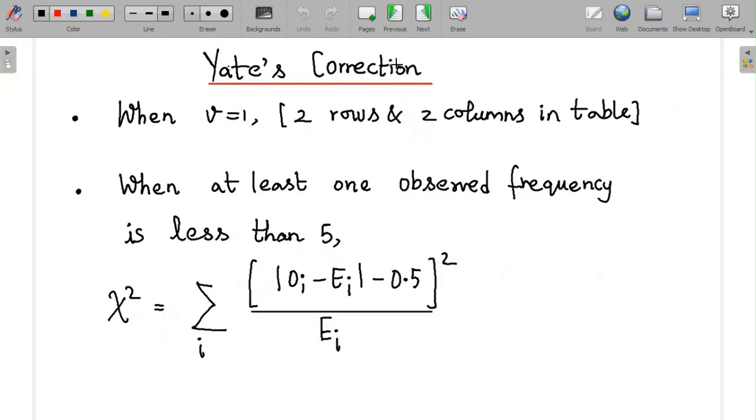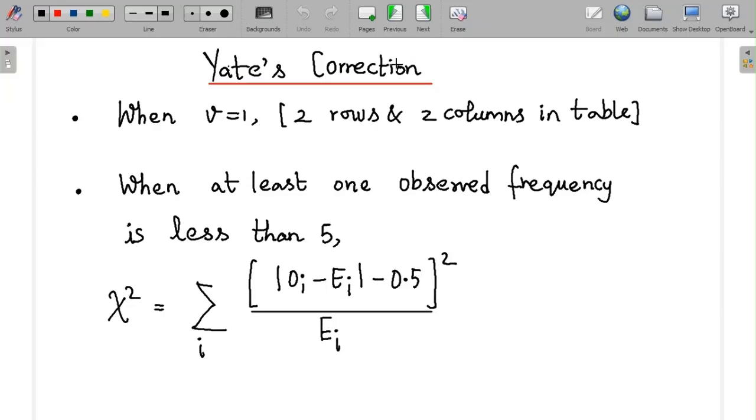However, there is a small correction that has to be done in a very particular case while calculating the value of chi-square. Whenever we are comparing two attributes and we see that the degrees of freedom is 1, as in only two rows and two columns are involved, and also when one of the observations is a frequency that is less than 5, we make a small correction known as the Yates correction to make our estimate a little more accurate.